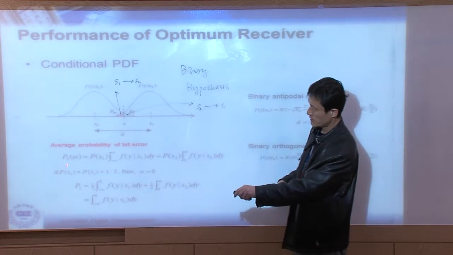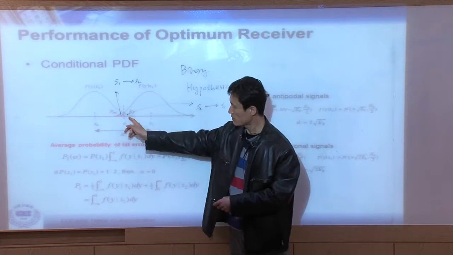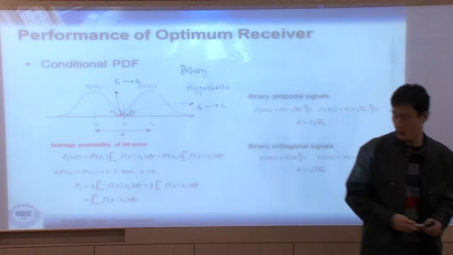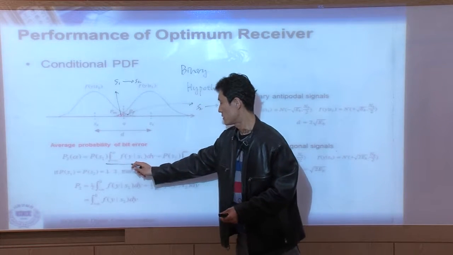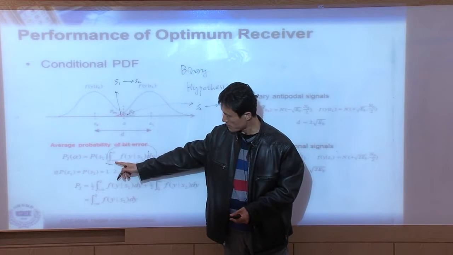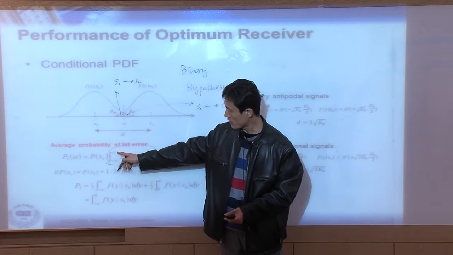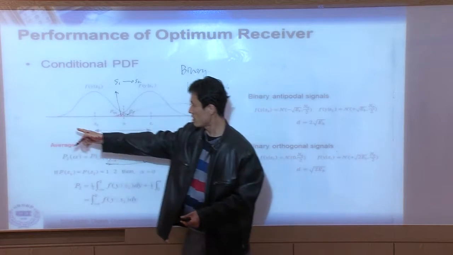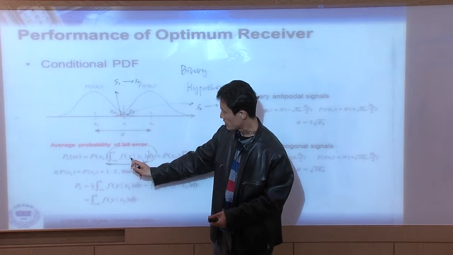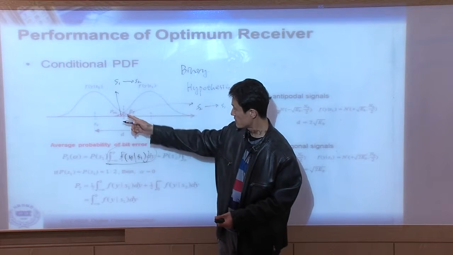So how to calculate is this equation. This equation tells you how to calculate error probability. This integration right here is the integration from minus infinity to alpha. The threshold is alpha. So we integrate from minus infinity to alpha the conditional probability of y given S1, which is this one.